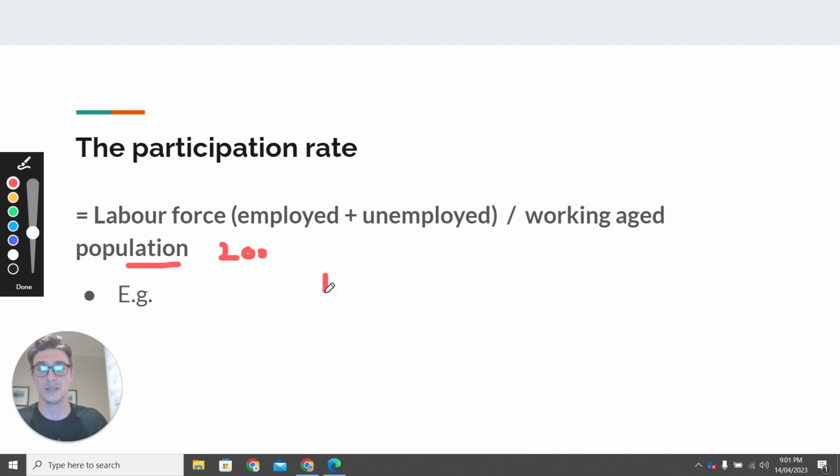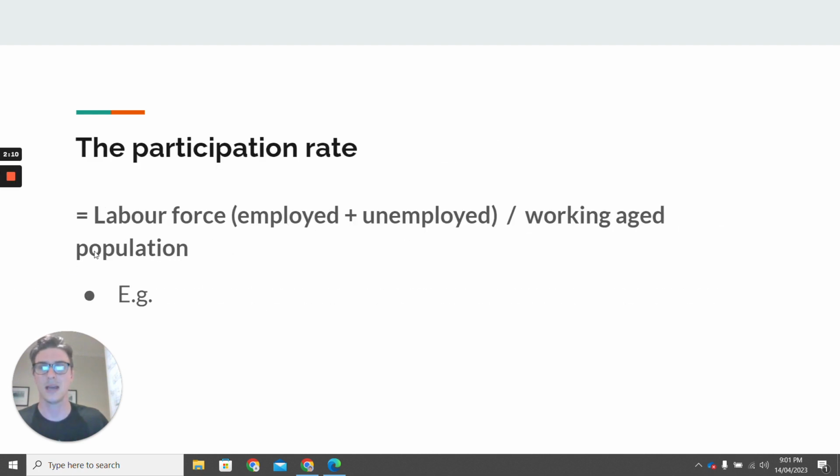We take 100 and divide it by 200, which gives us a participation rate of 50%. Quite a low participation rate. What does that tell us? Of this working age population, half of them are participating, either employed or unemployed.